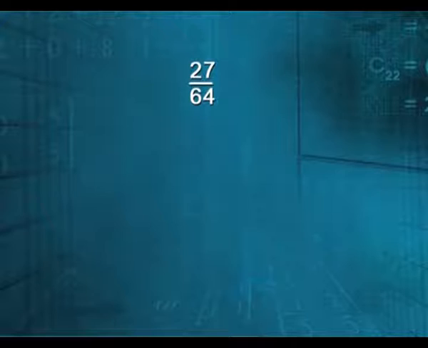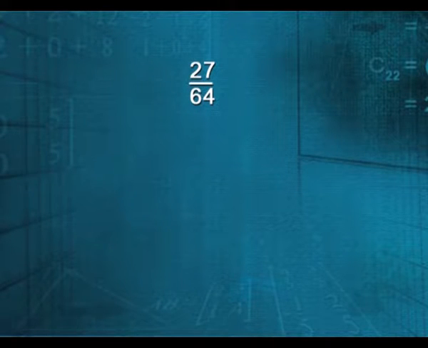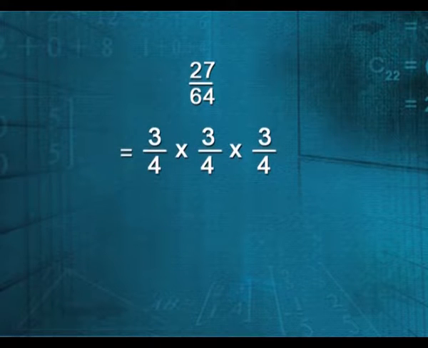Suppose we have been given the number 27 by 64 and we want to write this number in exponential form. So, we will look at the numerator, it is 27, and this 27 can be written as 3 multiplied by 3 multiplied by 3, how many times? 3 times.